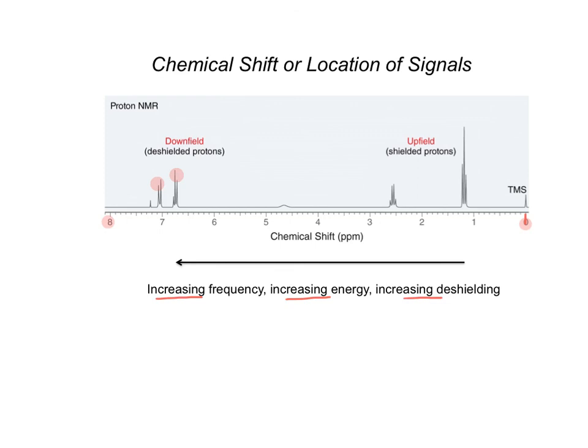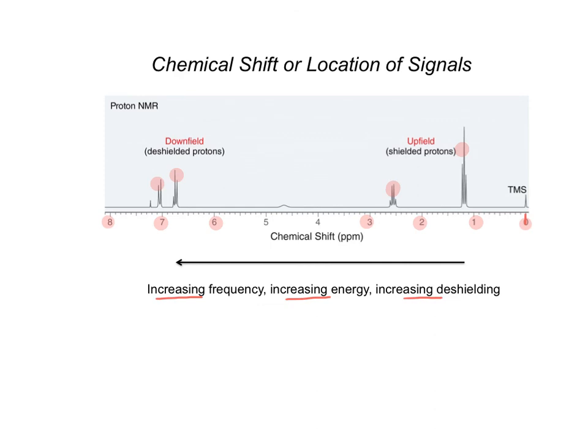They absorb light at a higher frequency, meaning they have a larger energy gap than these protons up here, which have lesser parts per million. So these low parts per million in our chemical shifts tell you that those protons are fairly shielded relative to protons that have higher chemical shifts overall.